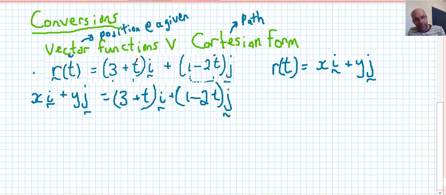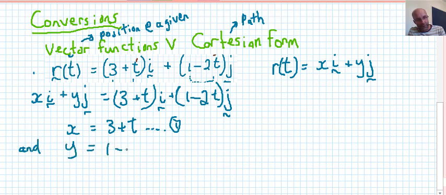Of course we are. So xi equals 3 plus ti, so x equals 3 plus t, and I'm going to call that equation 1. You'll be blown away to know that I'm going to do the same in regards to y, dropping the j components, right?